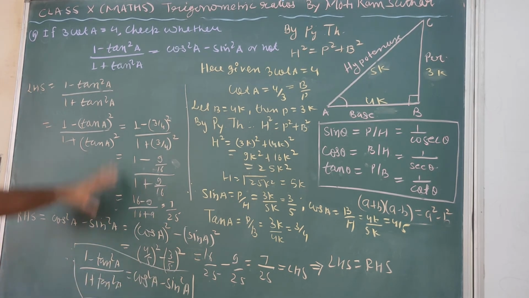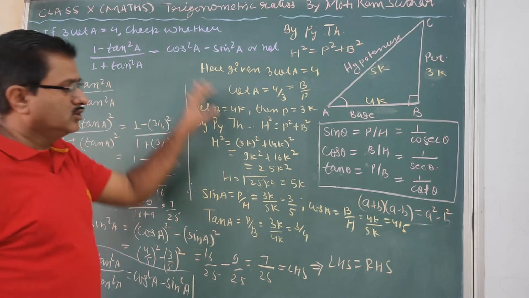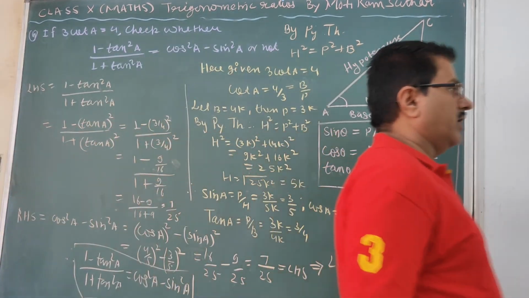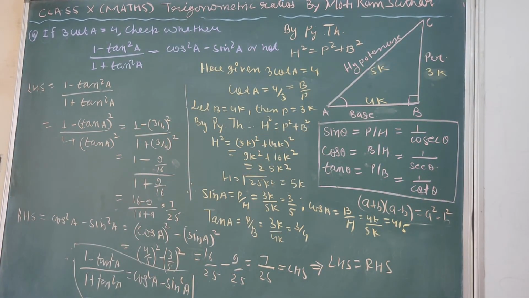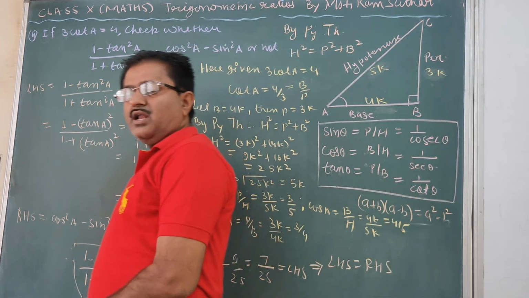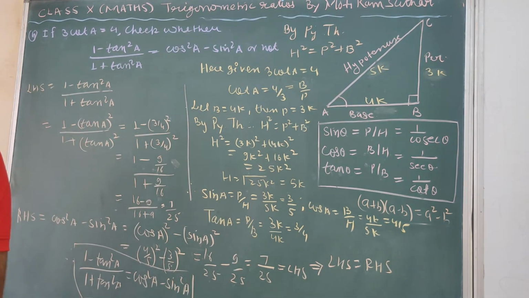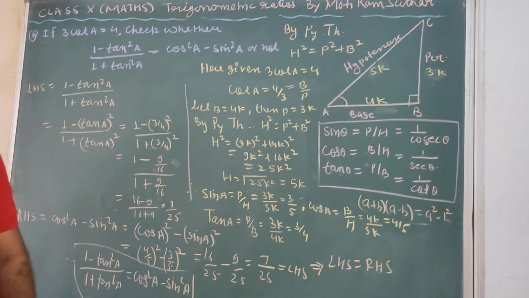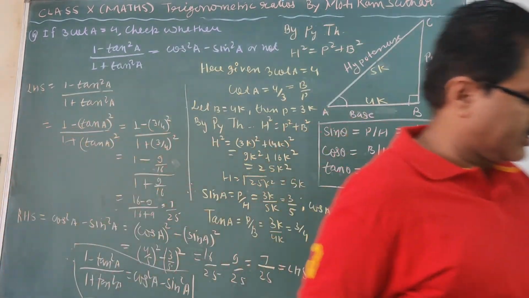So we check this is equal. Correct? So in this way, related to any trigonometric ratio, we can write the expression as our requirement by using the suitable formula. Clear? One problem we have to solve, this is about to complete the exercise. One question we have to solve. Let's see.